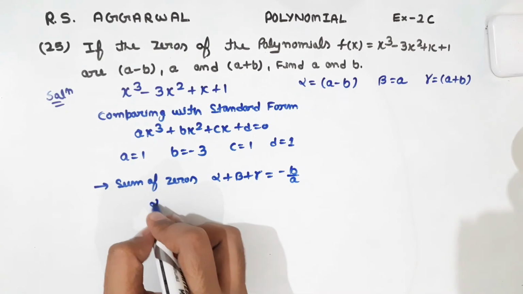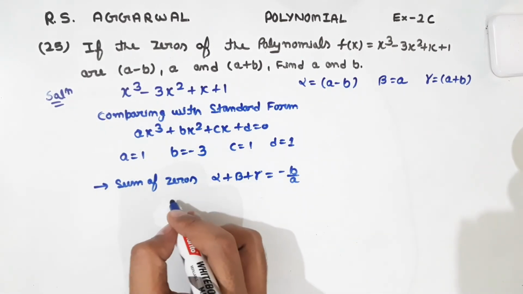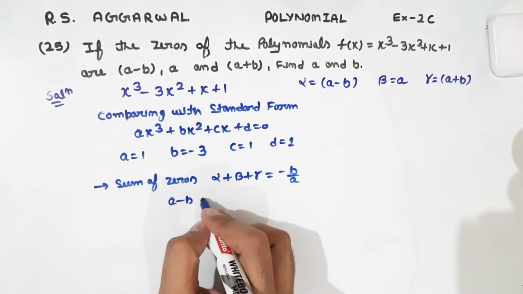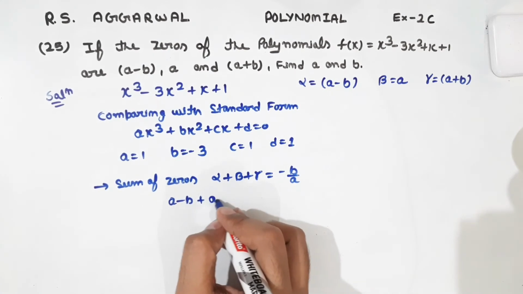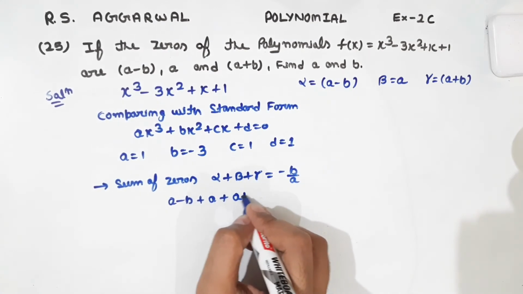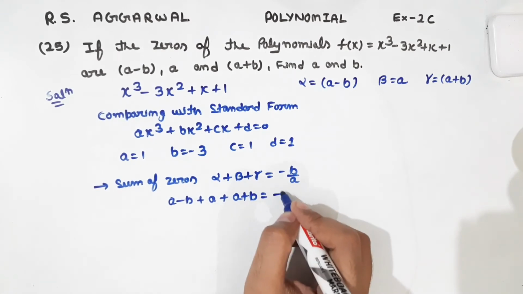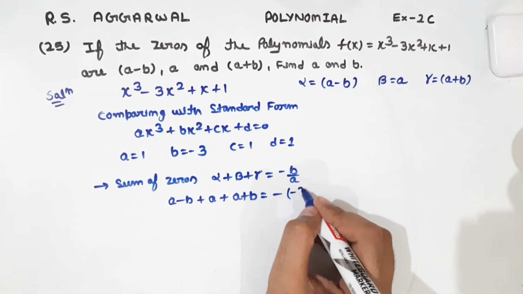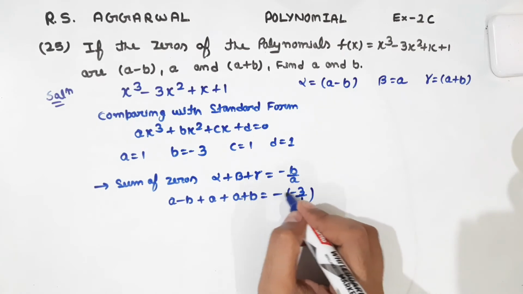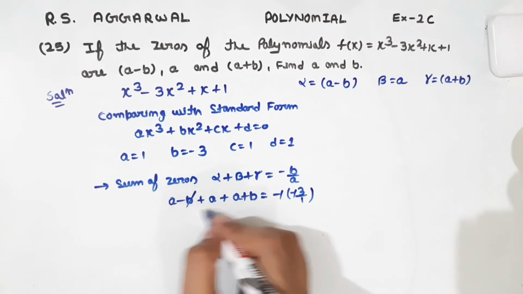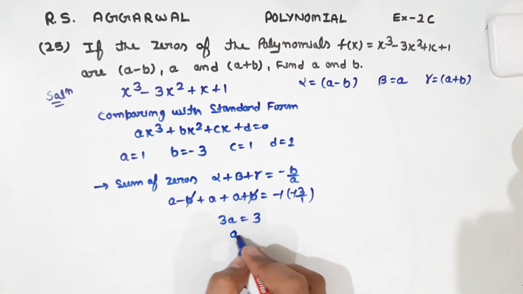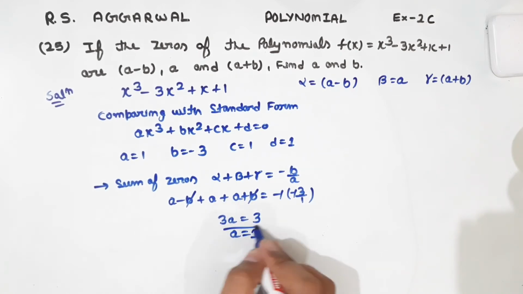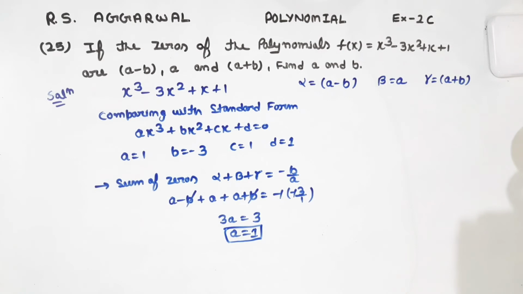So now putting the values of alpha, beta and gamma, a minus b plus a plus a plus b will be equal to minus b, which is minus 3, upon a, which is 1. So minus will be cancelled out. So from here 3a will be equal to 3. So from here a will be equal to 1. This is the value of a.